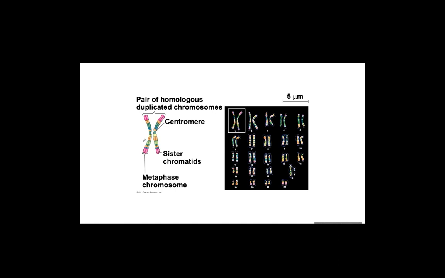So this is one chromosome, and then this is another chromosome, but they are homologous chromosomes. Therefore, a pair of homologous duplicated chromosomes means, when you look at this chromosome, you can see sister chromatid and sister chromatid. So each chromosome is already duplicated. And then when they bind and group together, that means a pair of homologous chromosomes.